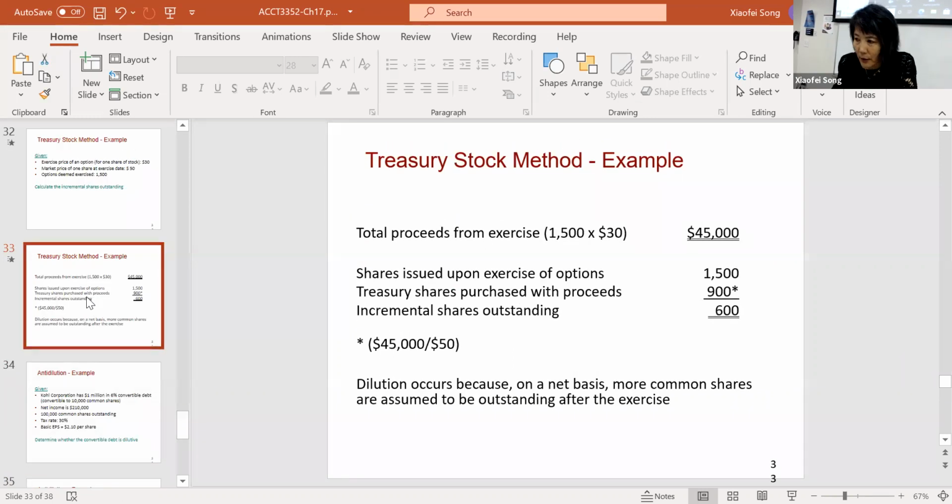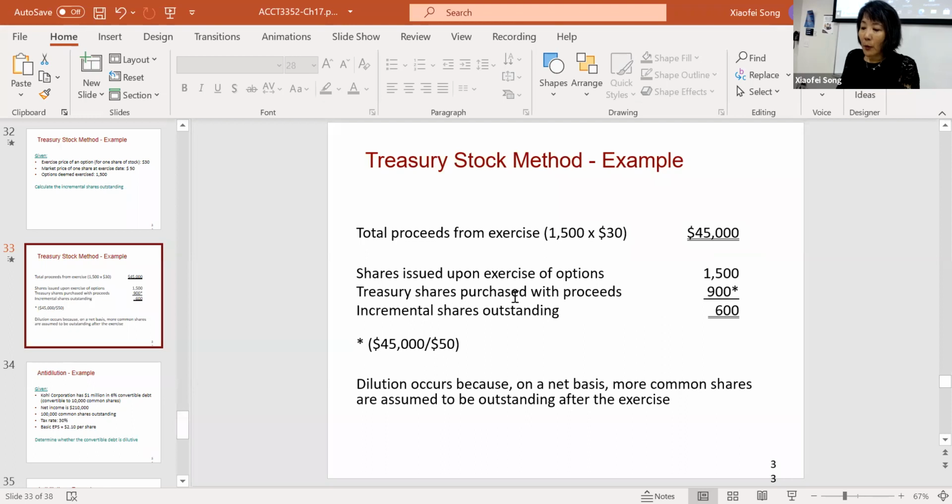So the computation is here. The proceeds from exercise would be $30 per option times 1,500 options, so the total proceeds will be $45,000. The shares issued upon exercise of the option is 1,500 shares.